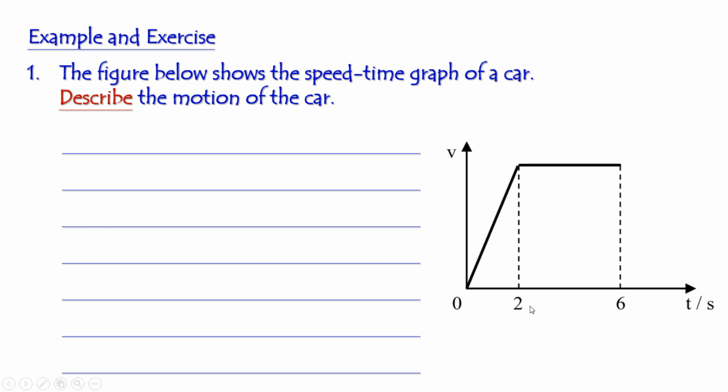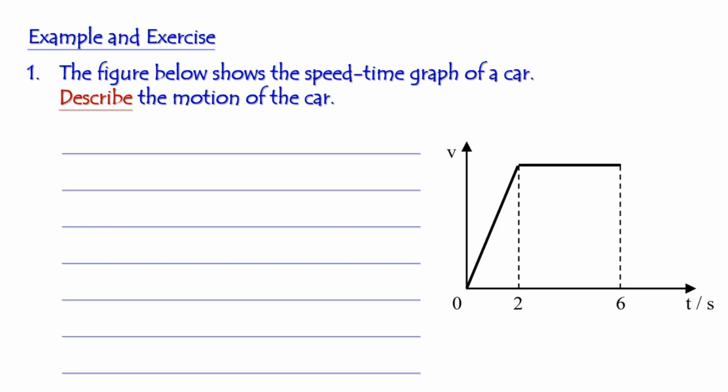So how to tackle this question? How to answer this question? Look at the graph. So simply, how many parts can you divide the graph into? Right, it should be divided into 2 parts, okay? For the first part, you should state clearly from what time to what time.